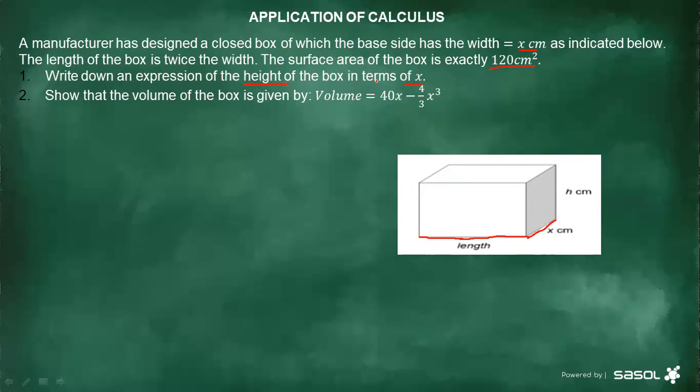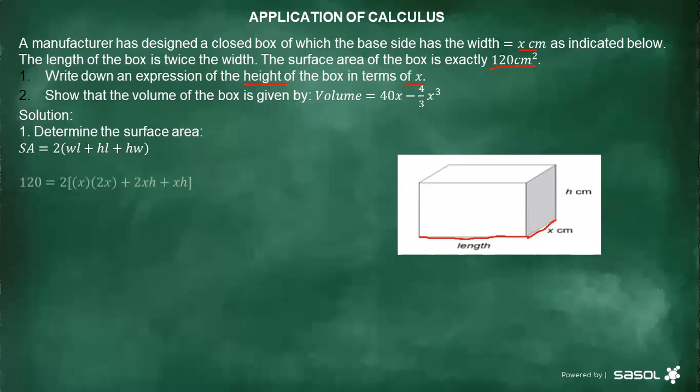Determine the surface area: you write the formula for surface area. Since the question says write down the expression of the height, we have to make h the subject of the formula, so it is going to be in terms of x. We substitute everything after we make h, the height, the subject of the formula. Then we will be answering that question.